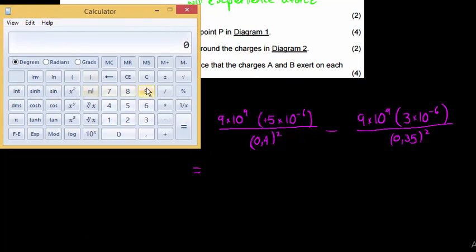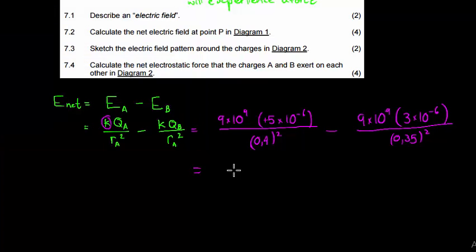9 times 10 to the power of 9 times 5 times 10 to the power of negative 6, divided by 0.4 squared, is equal to 281,250.